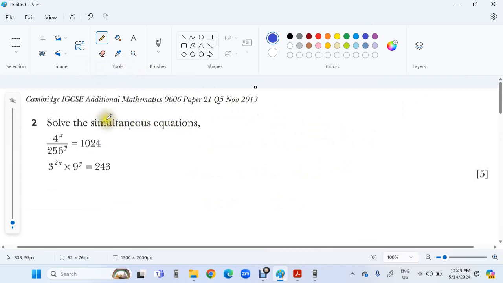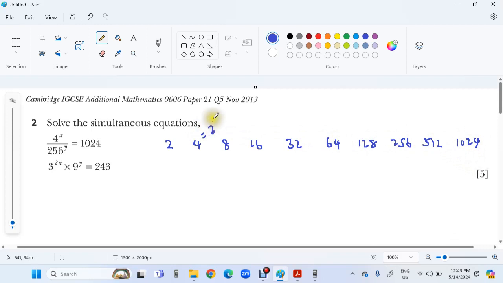Next, question number 2, we need to solve the simultaneous equations. For 4, 256, and 1024, we have the family of 2: 2, 4, 8, 16, 32, 64, 128, 256, 512, and 1024.